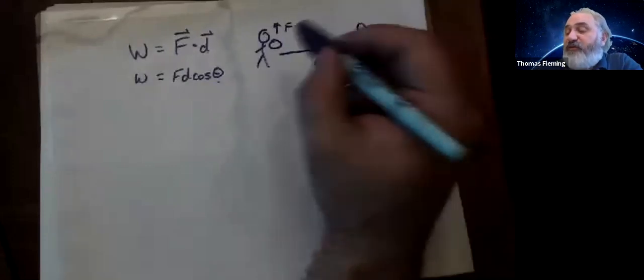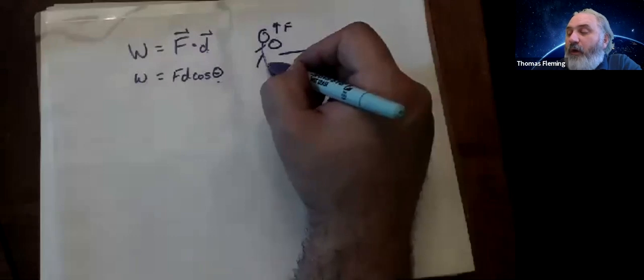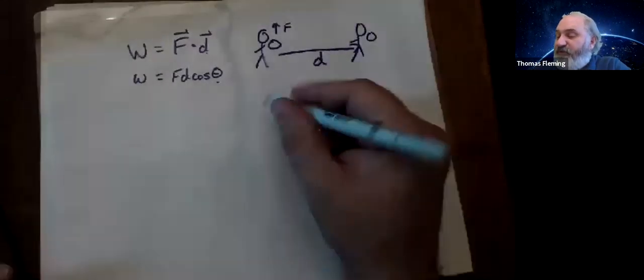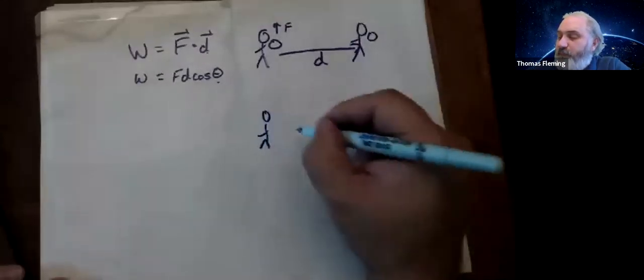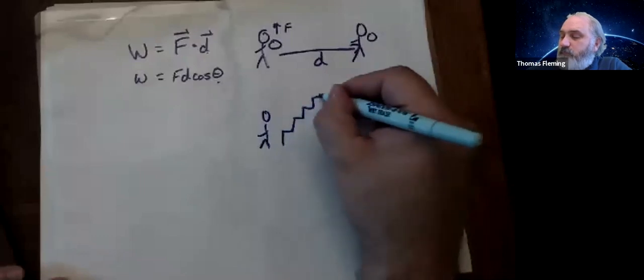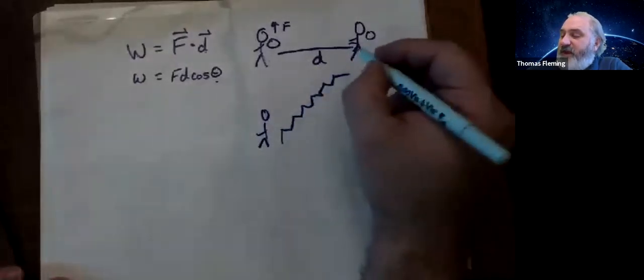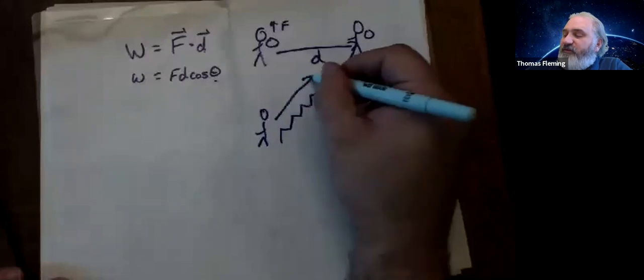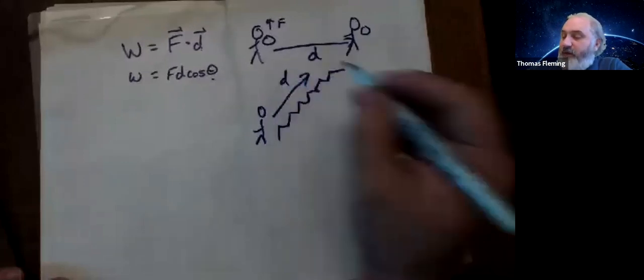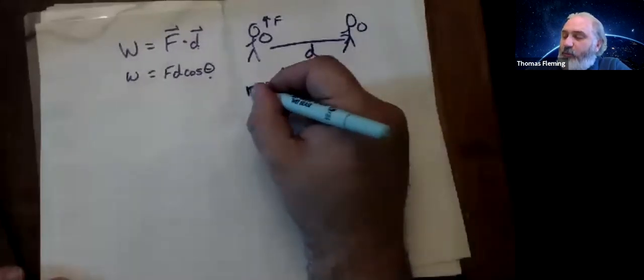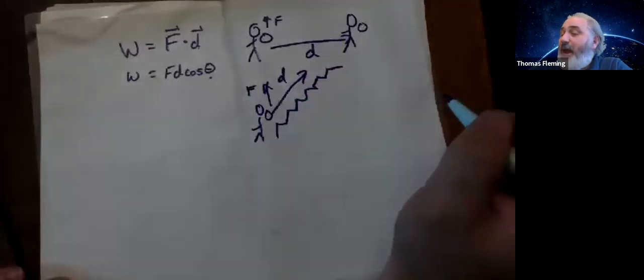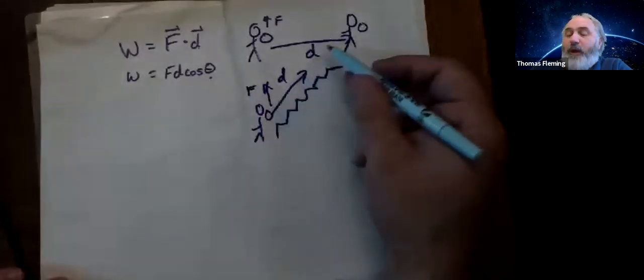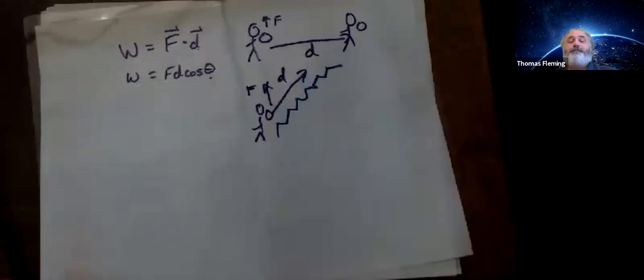Now, if I said, here, take my bowling ball and take it up the stairs, well, now the distance that I'm traveling is this way, the force that I'm exerting is this way, and the work that I do going up the stairs will be non-zero.